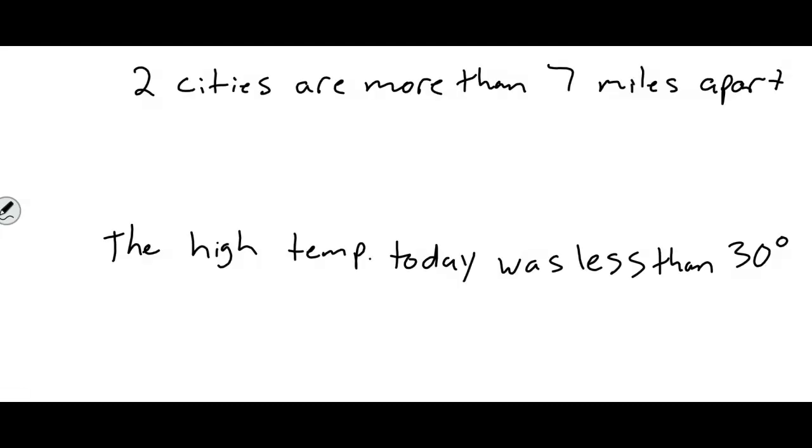Okay, two cities are more than 7 miles apart. What is your key word in this word phrase to help you determine the inequality? Annabelle. Good. More than 7. So what would the inequality be? Liam? X is greater than 7. I agree.